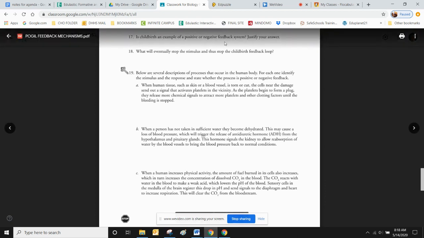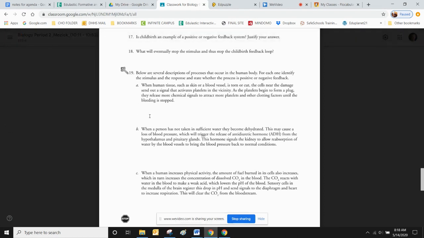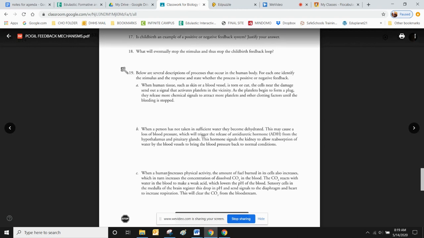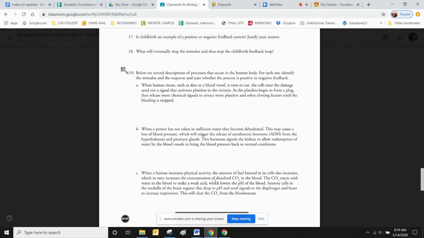I think we've done enough of that on the previous questions, but I do ask if this is a positive or negative feedback loop, if choice B is a positive or negative feedback loop, and if choice C, or example scenario C, is a positive or negative feedback loop. All 3 of these feedback loops I have been using as examples all along as we've been going through the unit to try to front load the information.